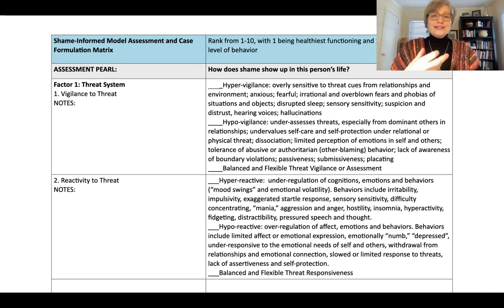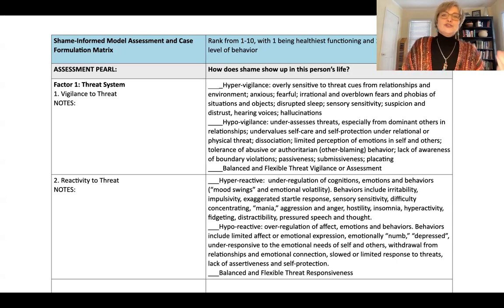And the assessment pearl is: how does shame show up in this person's life, right? We're always looking for ways that shame is going to show up. That can be confusing if you haven't used this paradigm of shame, but it will help you think this through. And again, unlike the DSM, a shame-informed model directly connects from these causes of shame, these 5 factors that cause hypervigilance to shame and hyperreactivity to shame, and links all the way through from case formulation to interventions.